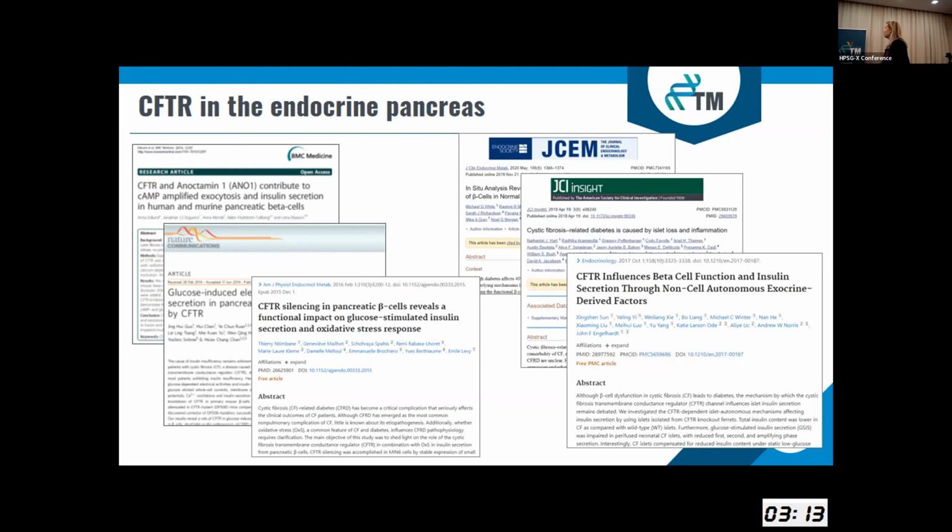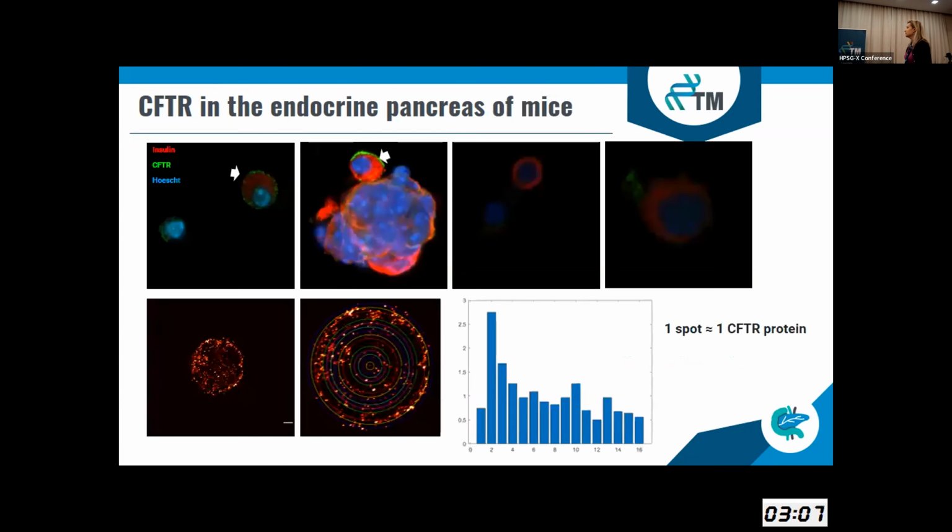In order to get a clearer picture about the expression of CFTR in mice, we did confocal and super resolution fluorescence microscopy. As shown on these representative pictures, the CFTR chloride channel, which is indicated by the green color, is present on the beta cells.